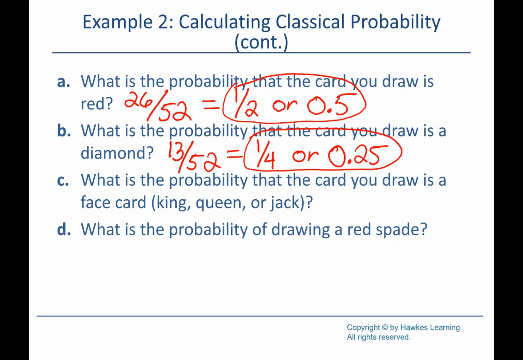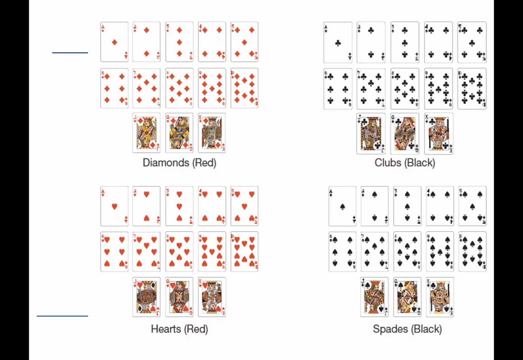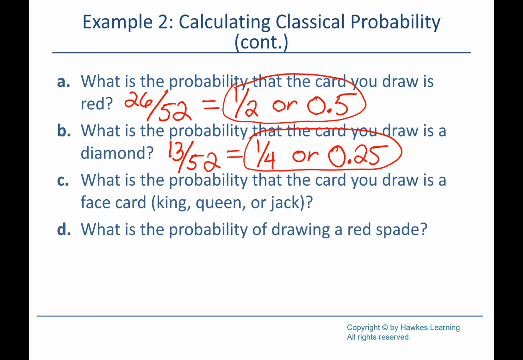C says, what's the probability the card you draw is a face card? And it tells us that's a king, queen, or jack. So if we look, we've got king, queen, and jack in all 4 suits. So 3, 6, 9, 12 face cards in the deck out of 52. So 12 out of 52.